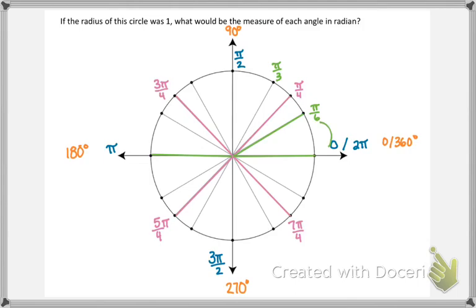So 1/6, 2/6, 3/6, right? If I count by sixths, 1/6, 2/6, 3/6, which reduces to 1/2. And then the next one would be 4/6, which reduces to 2/3.